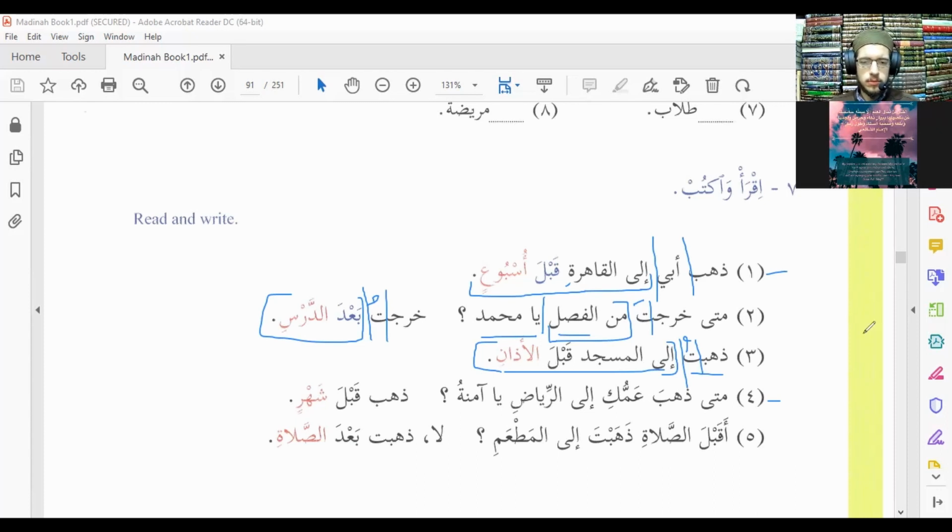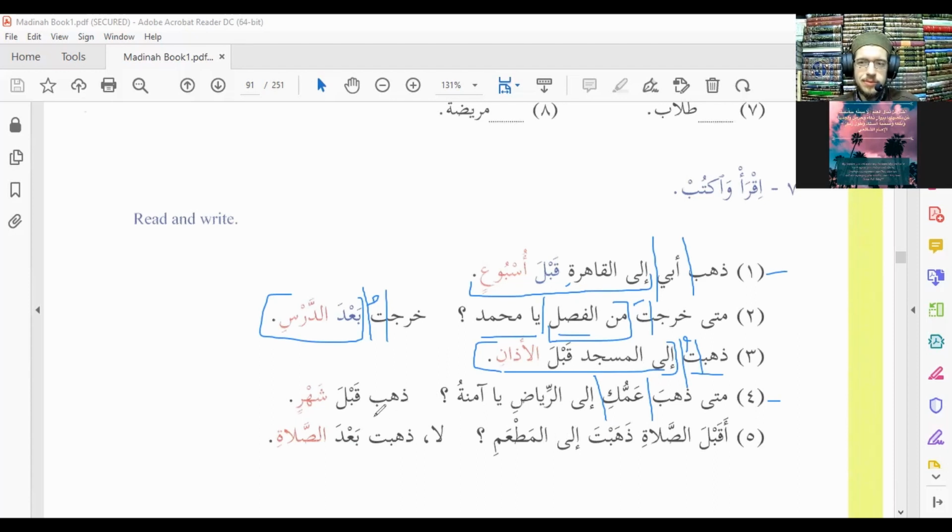He went a month ago. Good. So the first sentence, ذهب is the verb, and عمك is the fa'il, and then the rest is the maf'ul.